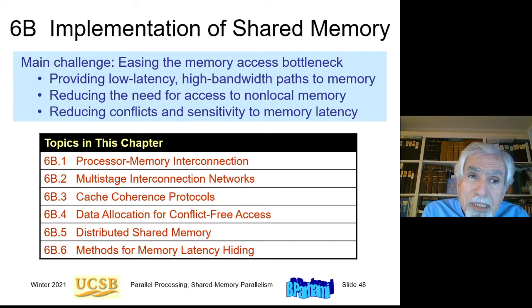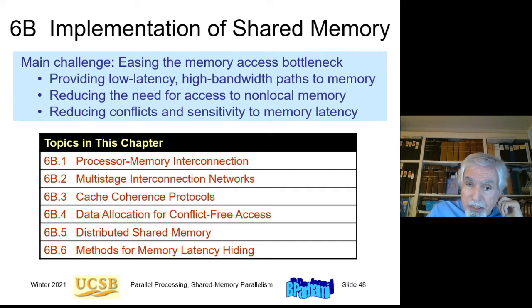Now, chapters 6b and 6c deal with implementation issues for shared memory. In other words, we introduced and used for programming an abstract model of shared memory that we call PRAM, Parallel Random Access Machine. And now that we know how to program this abstract machine, we may wonder how this will be implemented in hardware.